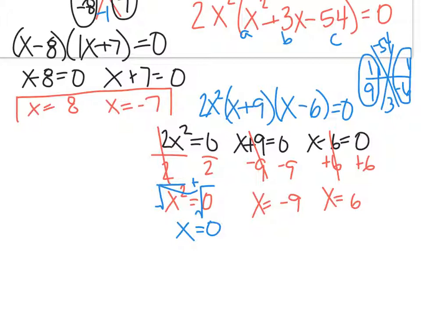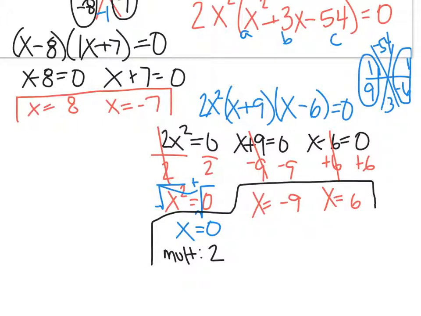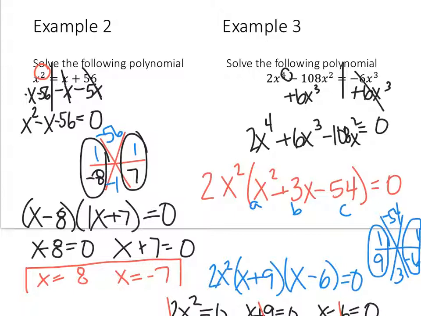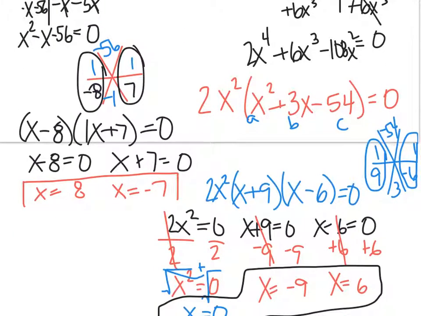So this is where our first multiplicity comes in. Since it's x squared equals 0, that means my answer of 0 shows up twice. So I have 4 answers, and I started with a degree 4 polynomial. So those are all of your examples using the star method.